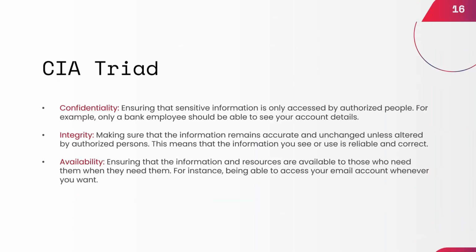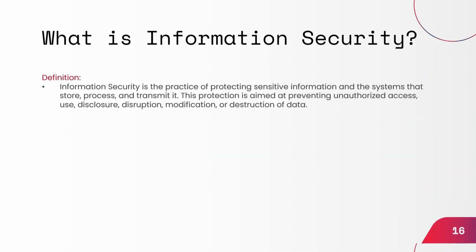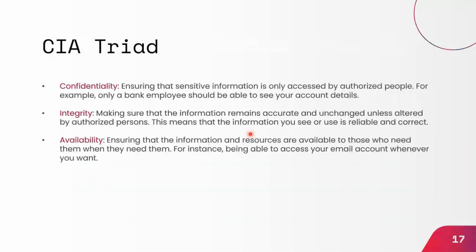Okay, to understand that, we should first learn what the CIA triad is, which is very, very important when it comes to information security, guys. We can also call this the information security triangle. So when I say CIA, it's confidentiality, integrity, and availability. This is a fundamental concept of cybersecurity.